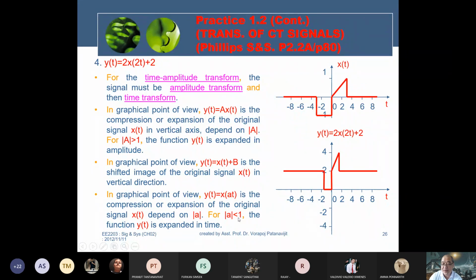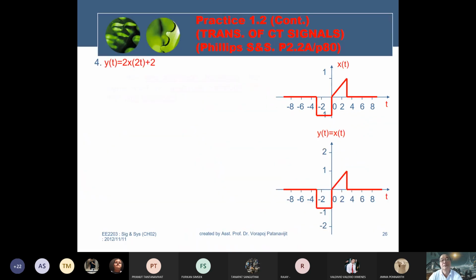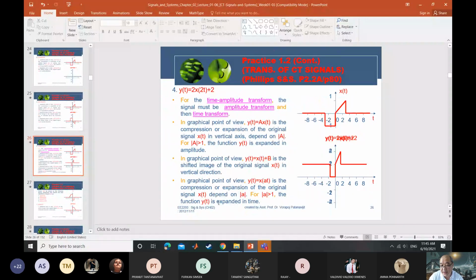Sorry, there is a little error here. It should be greater than 1. I will check it. Sorry, if absolute a is greater than 1, the function y(t) will be compressed.